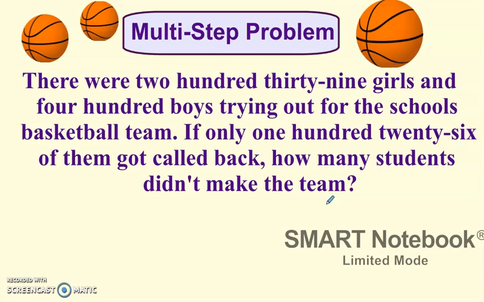Next, we continue to the second part of our problem. We take our difference or our sum that we got, and we're going to either subtract or add again. And then we will find our answer. Okay, my friends, complete the problem.